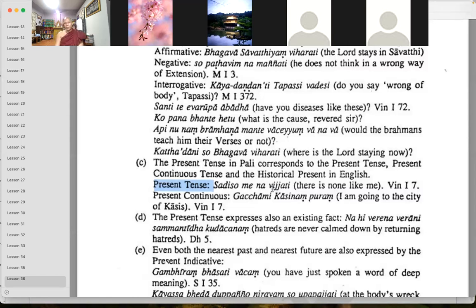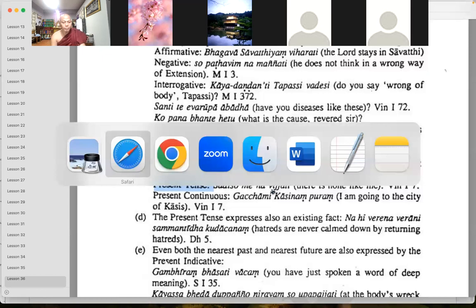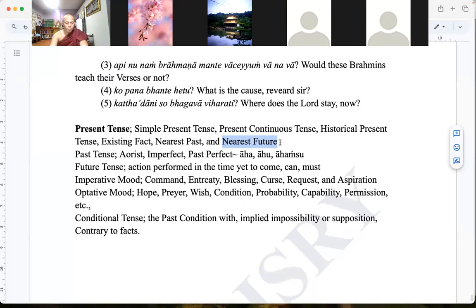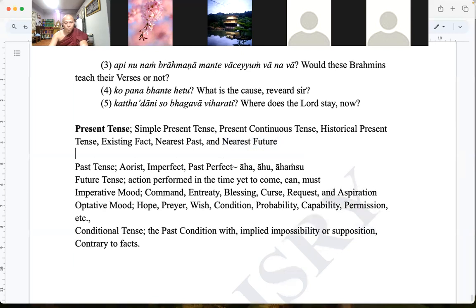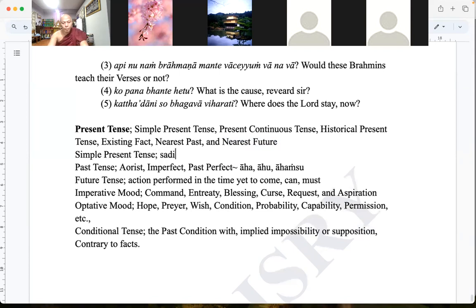That is present tense. So that is simple. There is no one equal to me or like me.